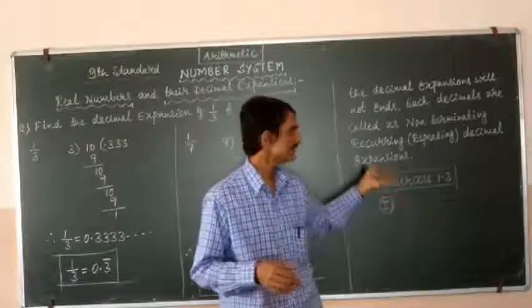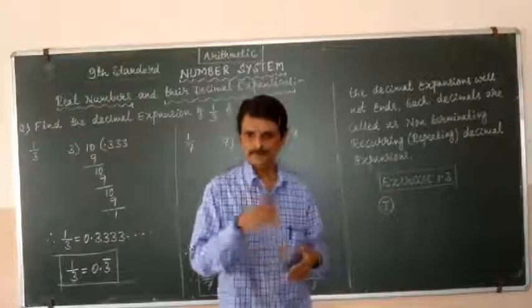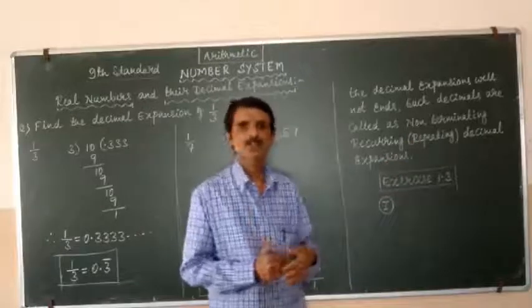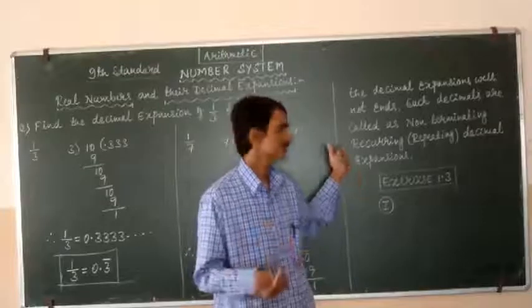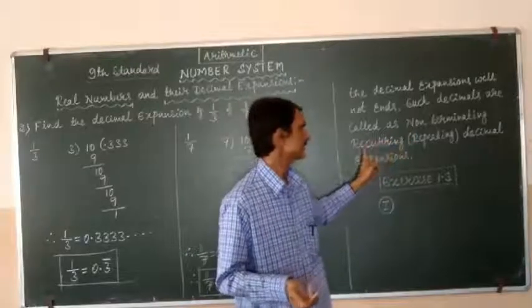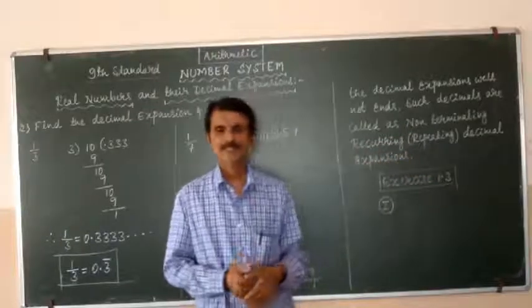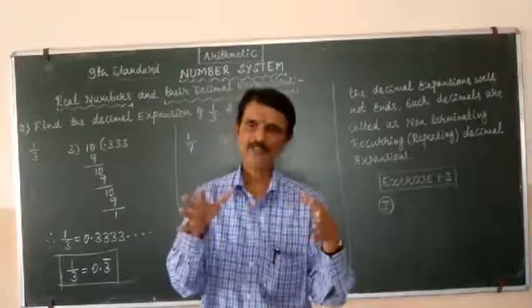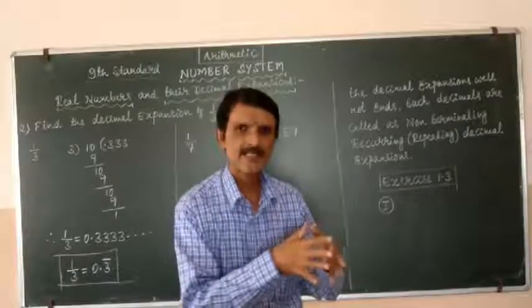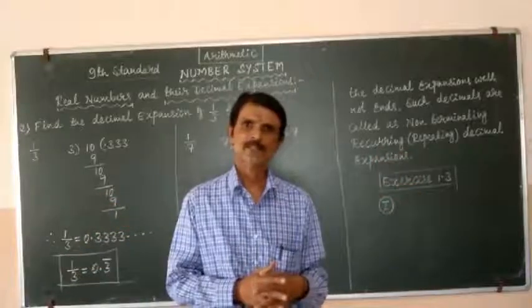Decimal digits will be repeated, but here the remainder will not become 0. So it is called a non-terminating recurring decimal expansion. Students, I think you have understood terminating and non-terminating decimal expansions.